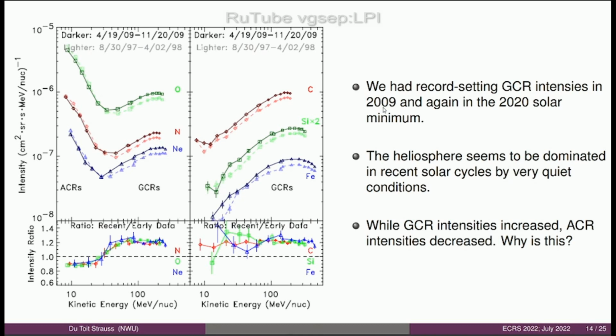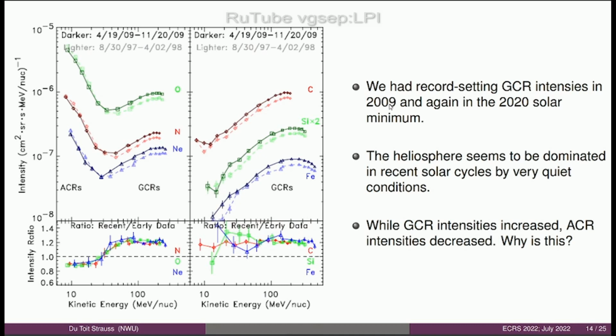If you have less turbulence, you have less scattering, and the particle intensities change accordingly. So there's the data. The light curves are what we would have expected from the early solar cycles. The filled curves are the recent solar cycles, and you can see there's an excess. If you do the ratio, it's about 20% for the galactic cosmic rays.